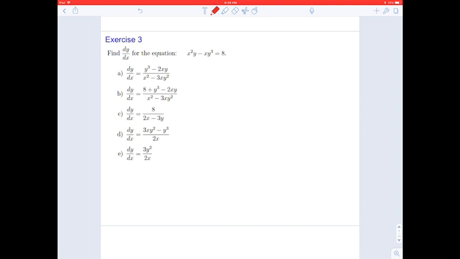Exercise number 3. The same thing. Let's differentiate using implicit differentiation x squared y minus x y cubed, and with respect to x, the right hand side 8. Both of the terms are products. Please remember to use the product rule.